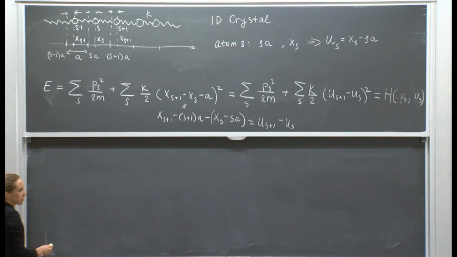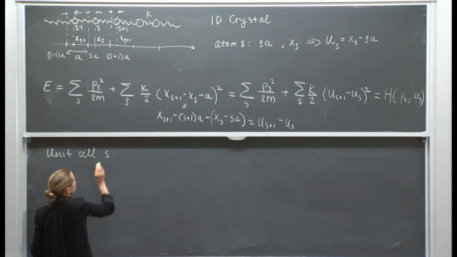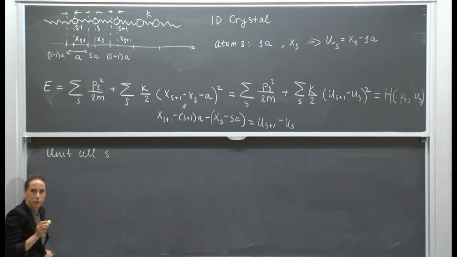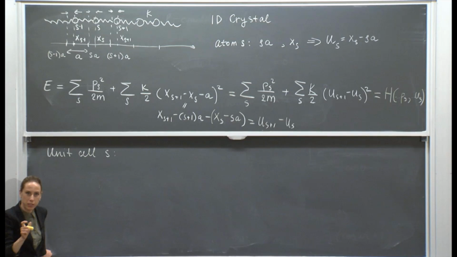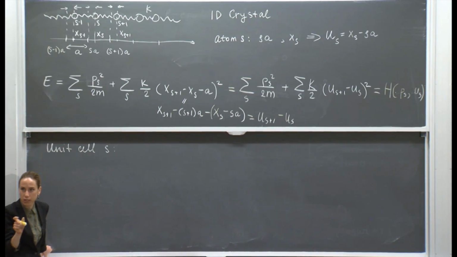So let's consider our unit cell S, and write a portion of a Hamiltonian that contains everything that pertains to that unit cell.